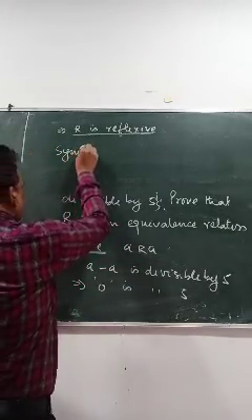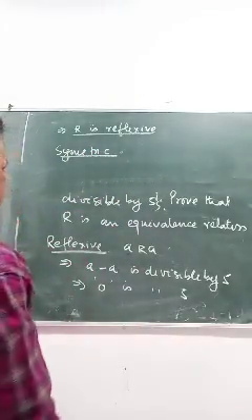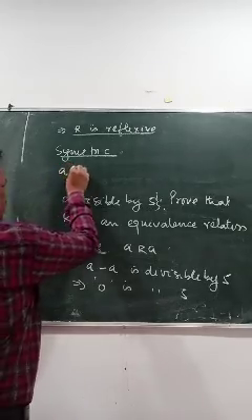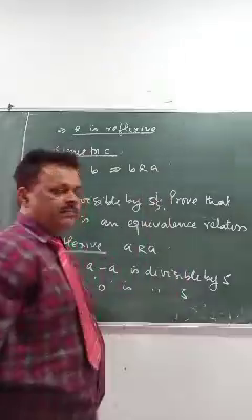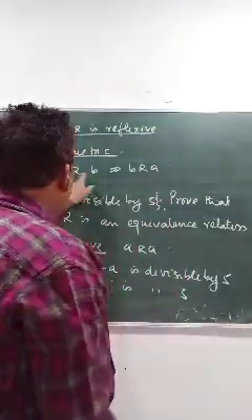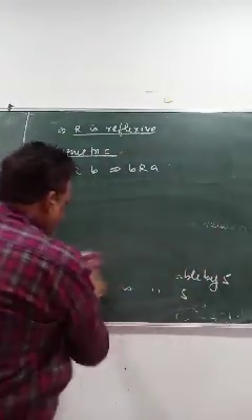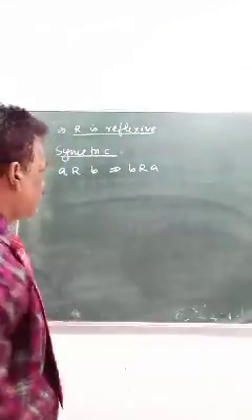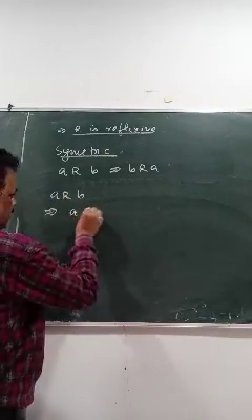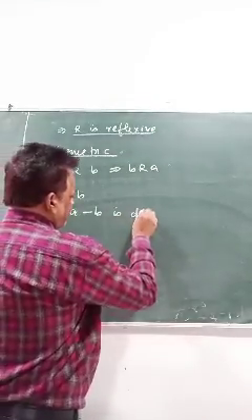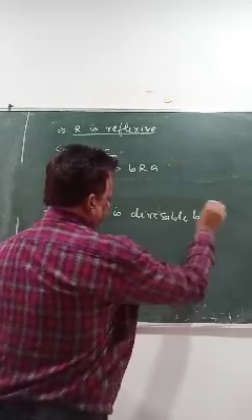Symmetric. You can write A relates B implies B relates A. This is what you have to show. What is the meaning of A relates B? A relates B means A minus B is divisible by 5.